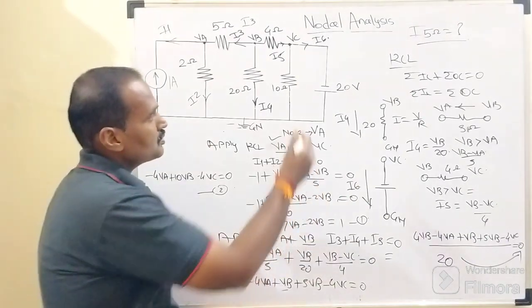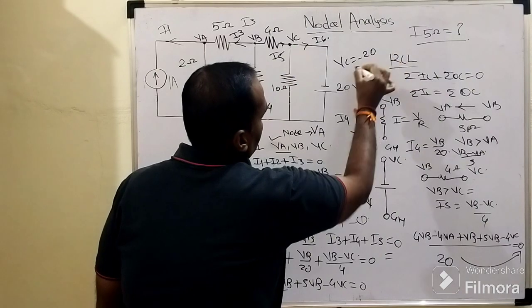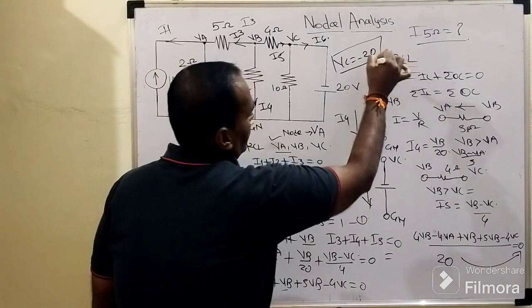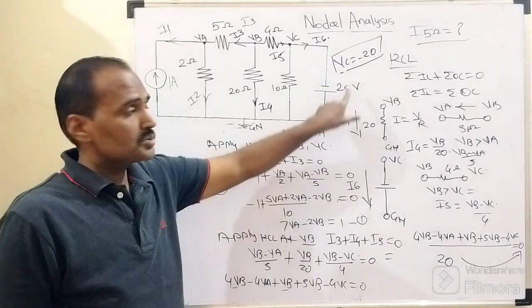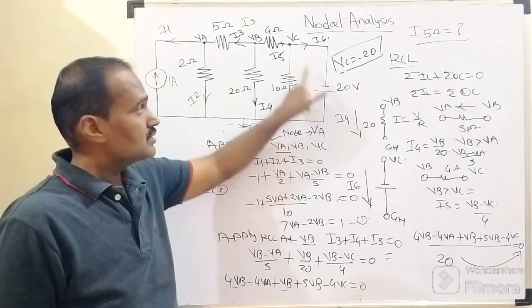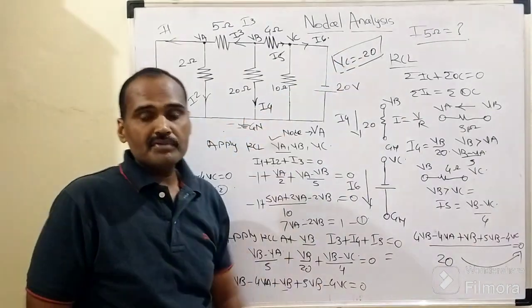So VC equals minus 20. Here we directly have the node potential value VC equals minus 20, because we don't have any resistive element. This will be our equation number 3.